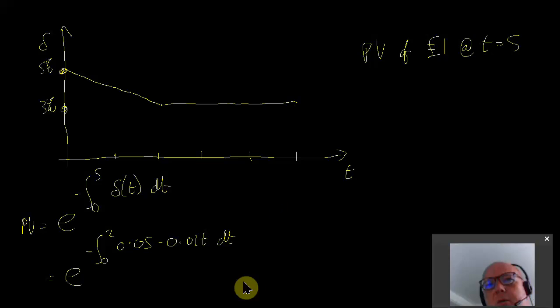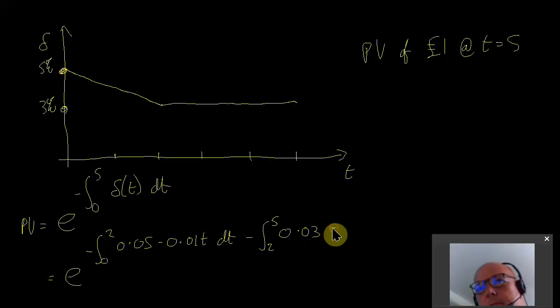Then we could multiply by e to the 2, or we just take off the integral from 2 to 5 of 0.03 dt. So that's all we need to do if the interest rate's varying by different amounts. Okay, and you can easily work that out.